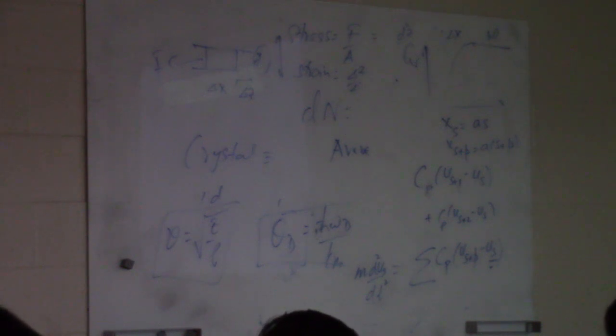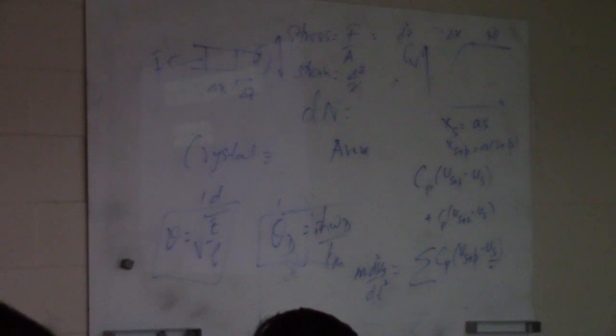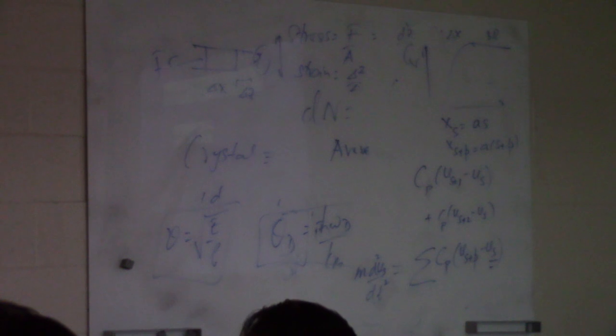So that's why you get half. Simple. You should remember this one. So then if I consider only the nearest neighbor, that's the answer. Omega squared is 4C1 divided by mass times sine squared of this one.